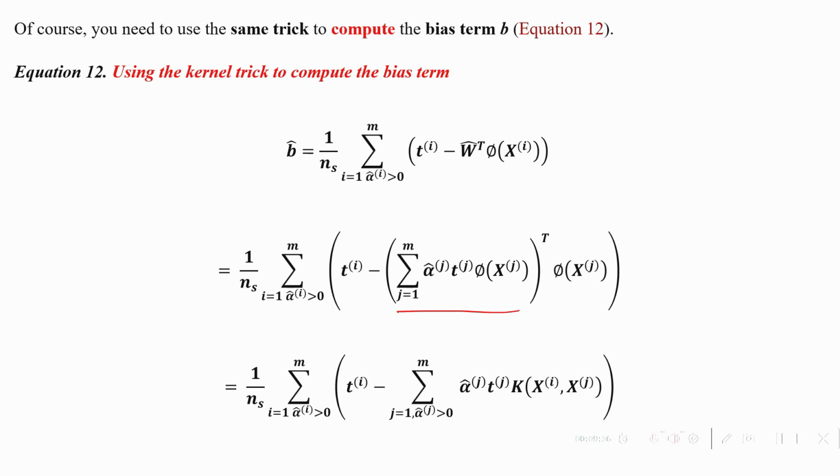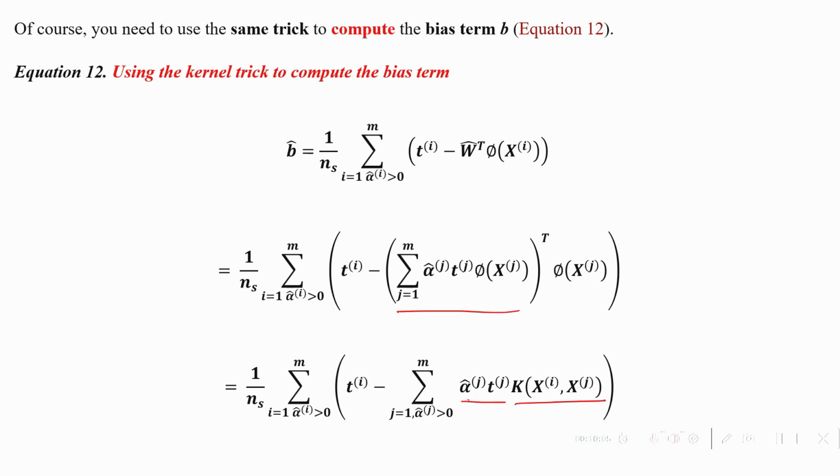Now that is equal to 1 over n_s times the sum over i where alpha cap of i is greater than 0 of t^(i) minus the sum over j where alpha cap of j is greater than 0 of alpha cap of j t^(j) into k of x^(i), x^(j). Like that we replace the W value and b value with kernel values.